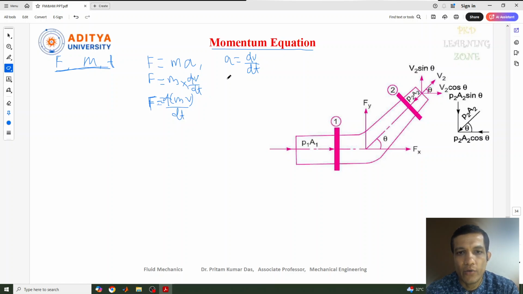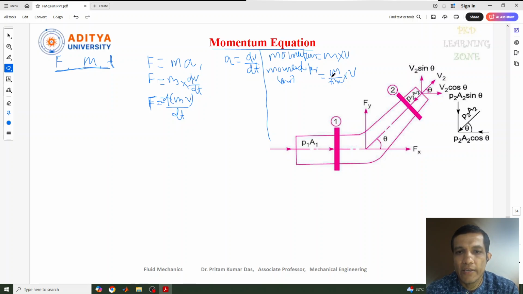This is the change of momentum, because we know that momentum equals mass into velocity. This is the normal equation for momentum. If you want to write the momentum per unit time, we can write mass per time into the velocity.